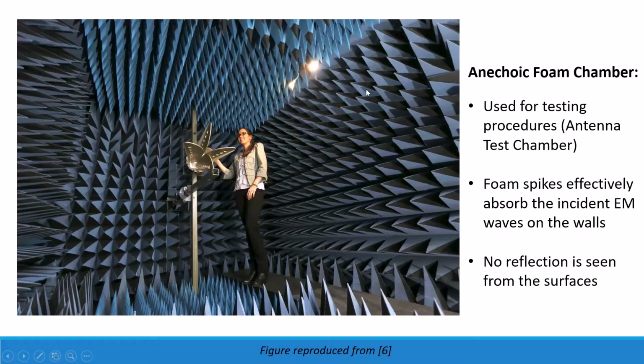And effectively, the combination of the material choice and the structures here absorb incident EM waves on the walls, and they don't cause any reflection. So the use here is for an antenna test chamber. Essentially, these walls and the foam structures are functioning as a perfectly matched layer for the testing.